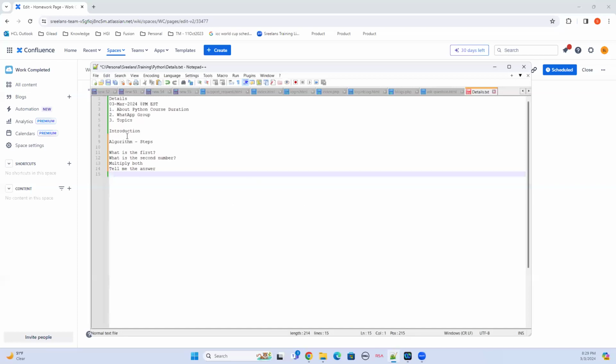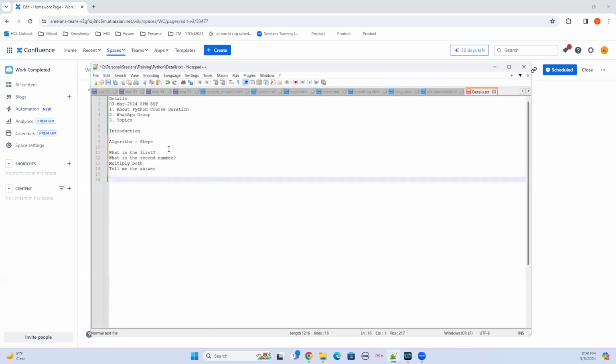So this is something like an algorithm which we are going to write. A couple of things which we just write, even before we start the actual Python. And then we talk about a couple of other things also.